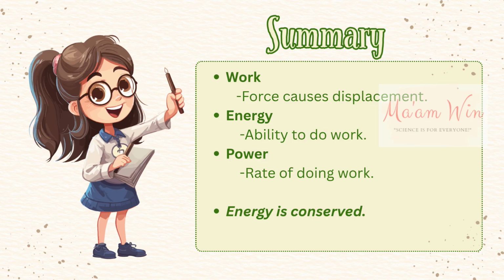The law of conservation of energy states that energy cannot be created or destroyed, but only transformed from one form to another. These concepts are essential in engineering, sports science, transportation, and many technologies that improve our daily lives.